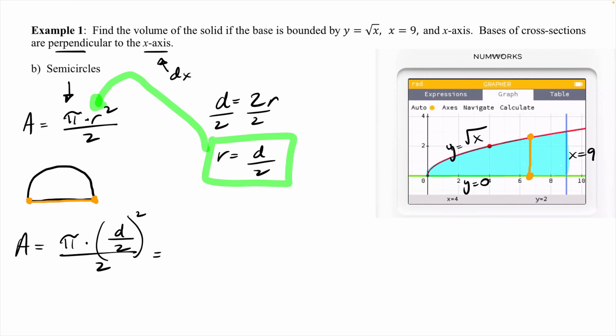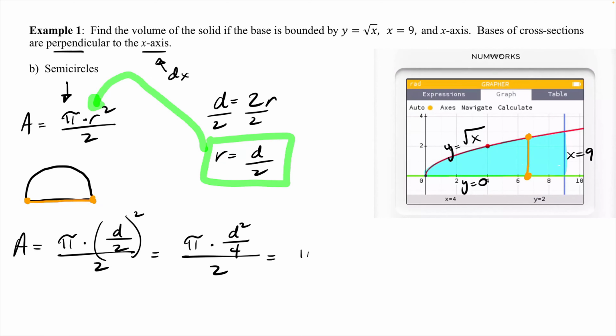What is D over 2 squared? What is that simplified? D squared over 4, right? Simplify even further: instead of dividing by 2, multiply by 1/2.